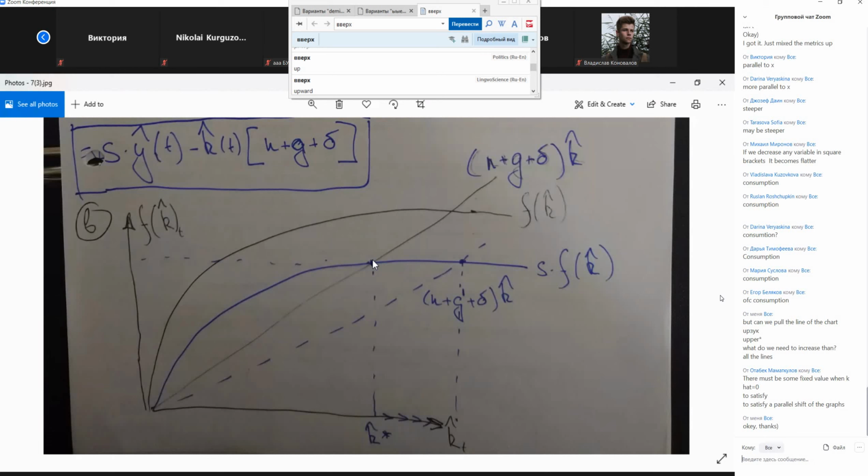So steady state is not a bad thing, it's actually a good thing. It means that we achieved a point where our economy develops and grows, but at a rate enough to compensate for increase in population, growth of technology, and depreciation.